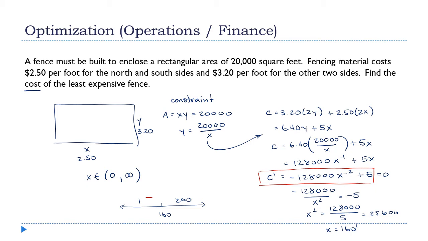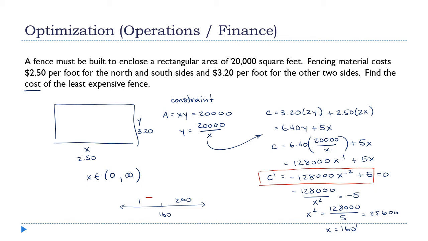Well, now you're going to have to go to your calculator. It's negative 128,000 divided by 200 squared. So that's 4 and 4 zeros.